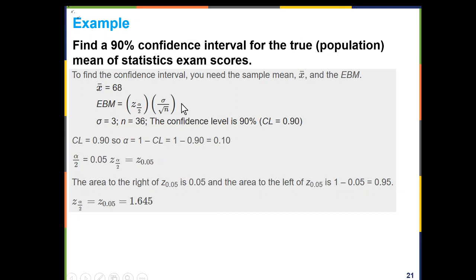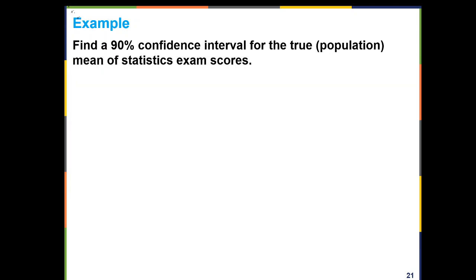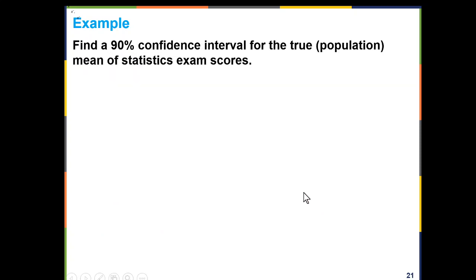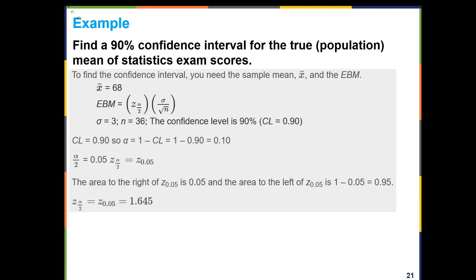So we're going to end up with 68 plus and minus 1.645 times 3 over square root of 36, which is 6, so that's just 1/2. That's 0.5 times that. So 68 plus and minus this times 0.5. And that would be right here.